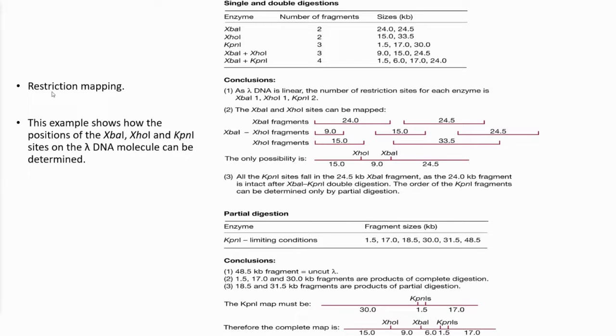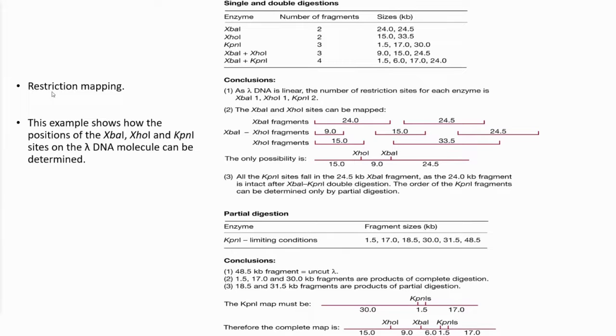9, 15, 24.5. To solve this, go from the first one, number 2, number 3. Number 1 is XBA1, which gives you these 2 fragments, so put it here, XBA1, so you have 24.5. Next, look at this double digestion, 9, 15, 24.5, so that we know here will be the XHO1.